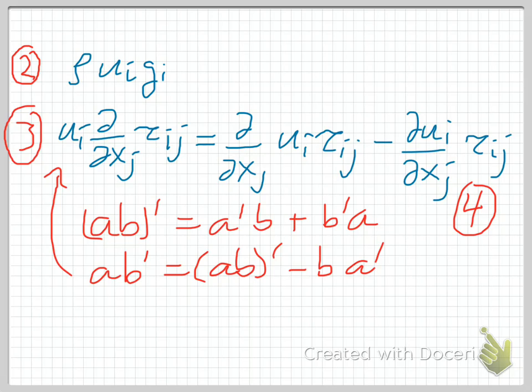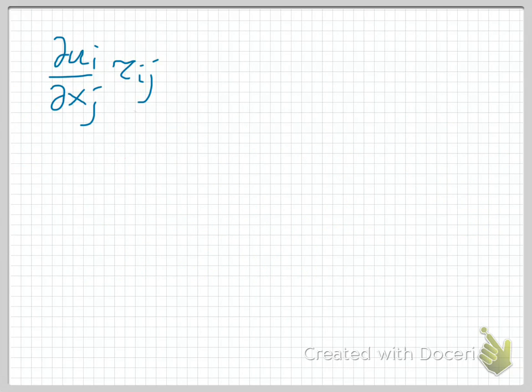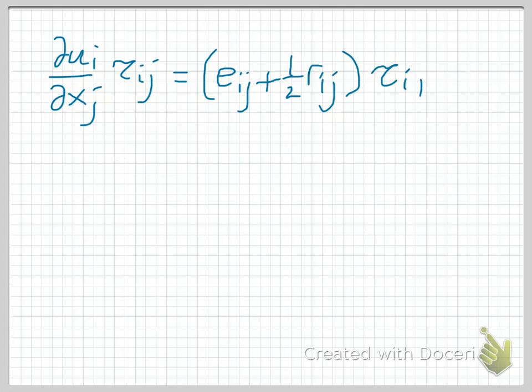Now, before we continue, it's worth doing a little bit of extra work on the final term here, ∂u_i/∂x_j tau_ij. Remember, ∂u_i/∂x_j is just the velocity gradient tensor, which can be expanded out as the strain tensor e_ij plus a half R_ij, the rotation tensor, multiplying tau_ij.